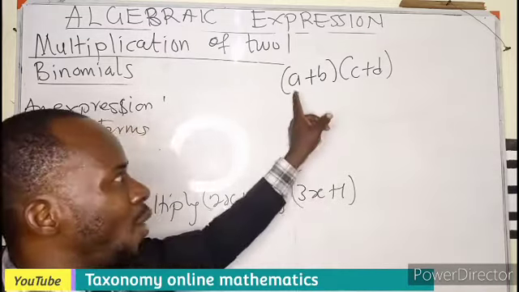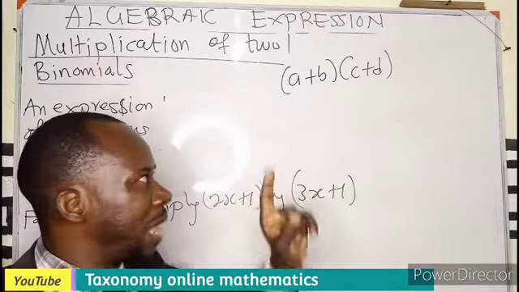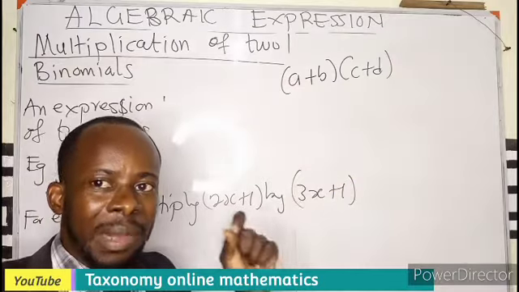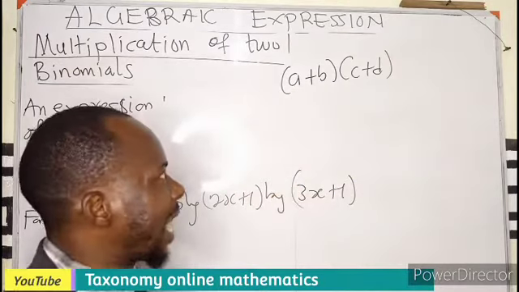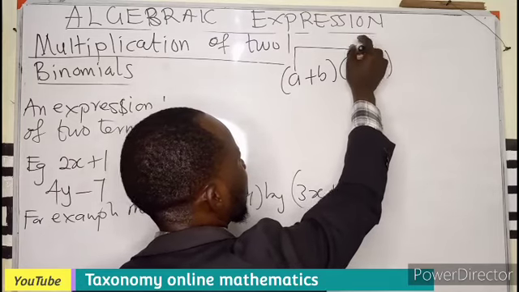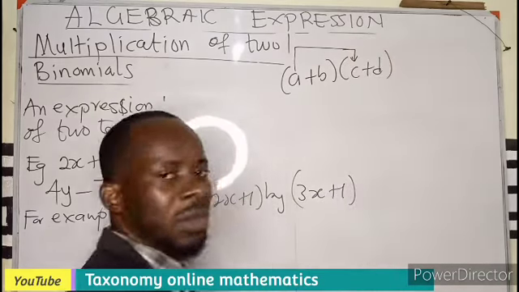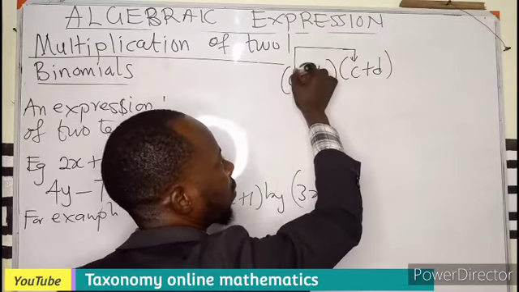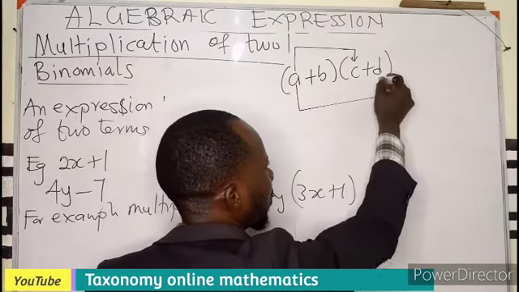Each, meaning A will multiply C, at the same time multiply what? D. B will multiply C, at the same time multiply what? D. As in, A will multiply this, the same A will also multiply what?